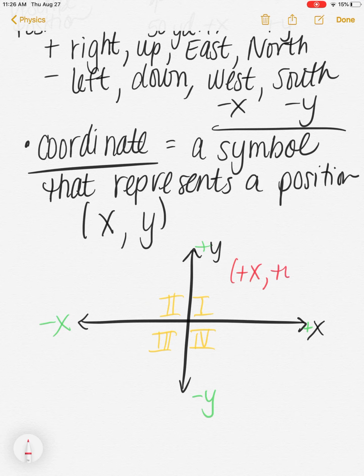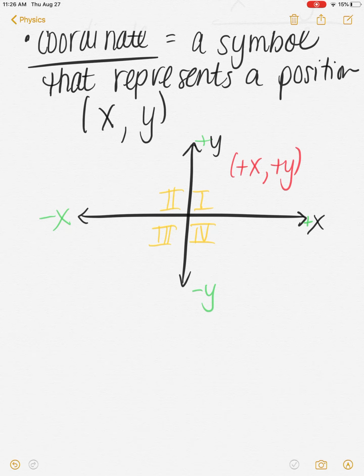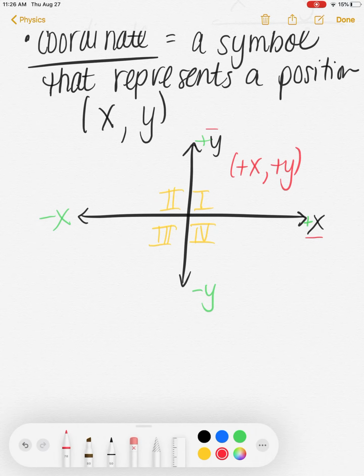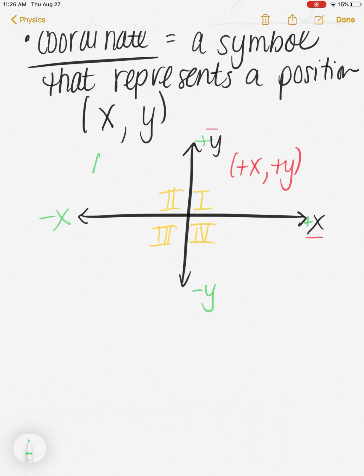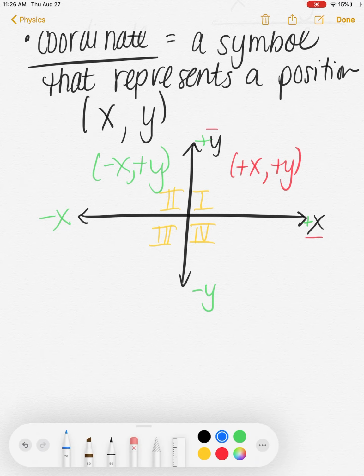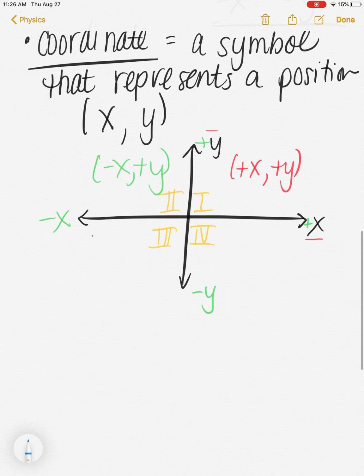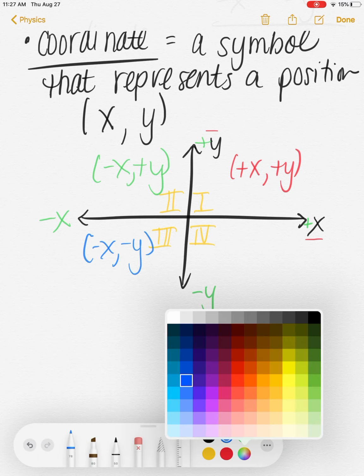If you had a positive X and a positive Y value, that would mean that you are somewhere in quadrant 1 because you're along the positive X and the positive Y. If, on the other hand, you were given a value and it had a negative X value and a positive Y value, that would mean that you are in quadrant 2. If you had both a negative X and a negative Y value, you would be in quadrant 3.